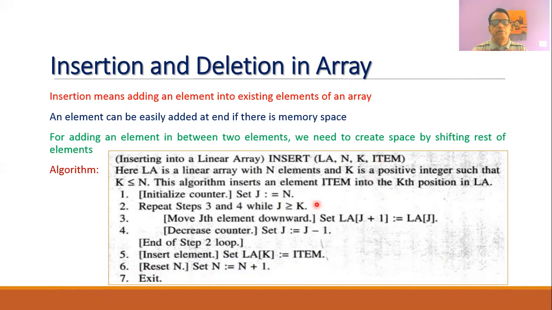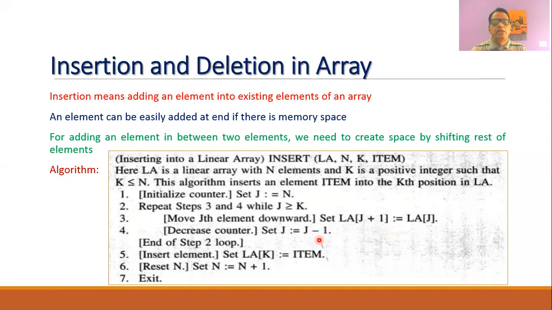Initially we will set the counter by using the equation J equals N. And then we will repeat steps 3 and 4 while the value of J is greater than or equal to K. Now we will move the Jth element downwards so that we can create a space. This can be done by using the statement LA[J+1] = LA[J].